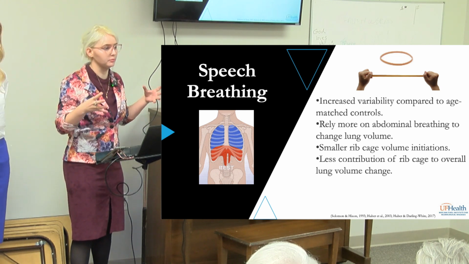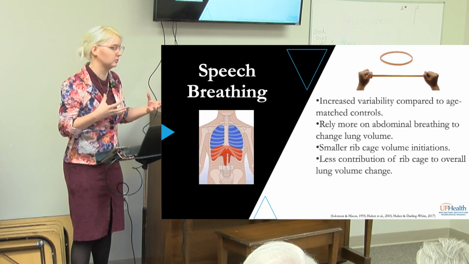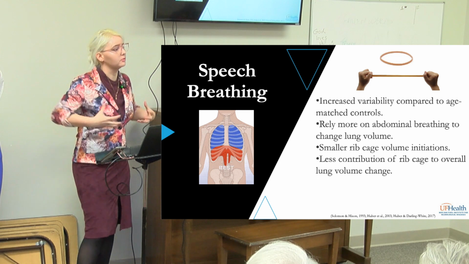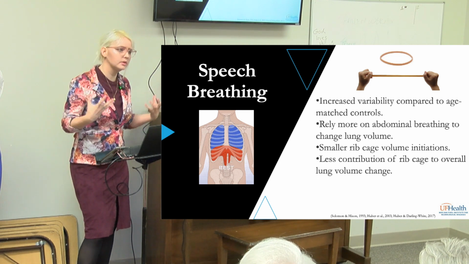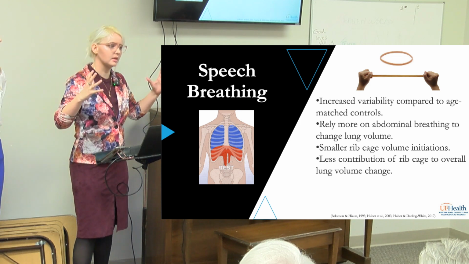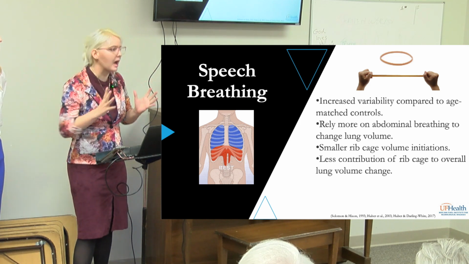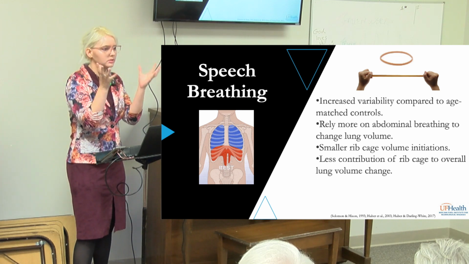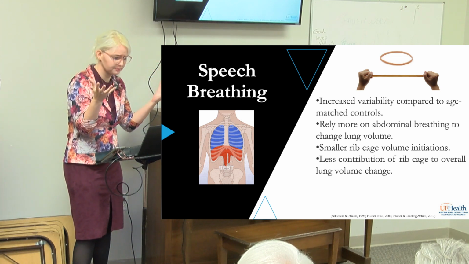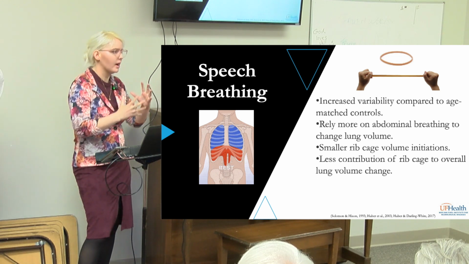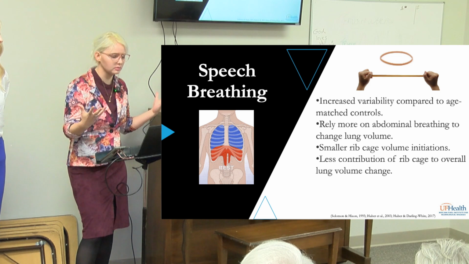That's how you're able to move them. There's no actual muscle in the lungs. So if the muscles of your respiratory system are more rigid, they're not moving as much, then you don't take as big a breath in, and you don't have that power to then flow your air through your vocal cords to create a nice big loud voice. So generally, over time, we see a quieter and quieter voice as a result.